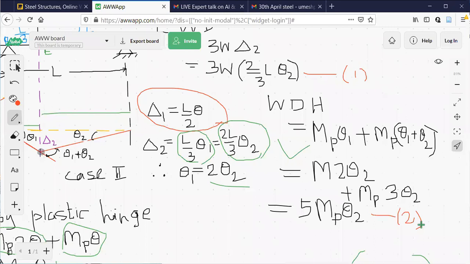Two WL theta 2. Whether this is correct or wrong, check it. Just check this one. Everything is on the screen here for you. Whatever is there, everything is on the screen. You tell me whether 5 MP theta 2 is correct or wrong.